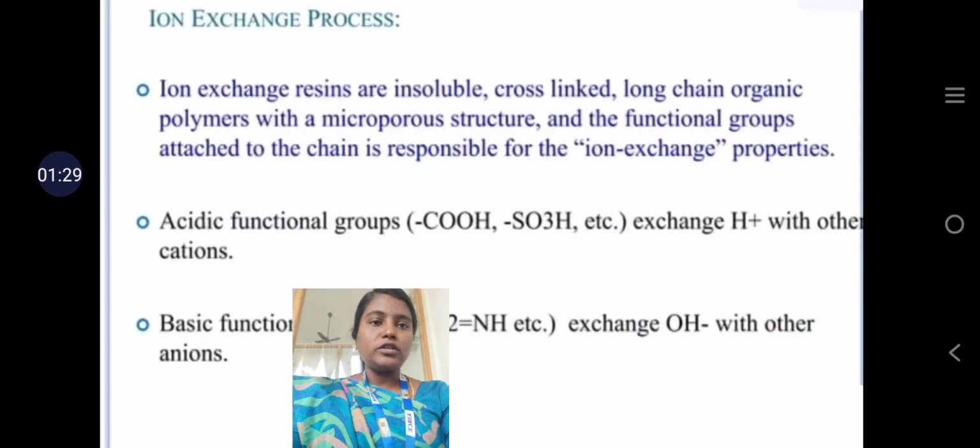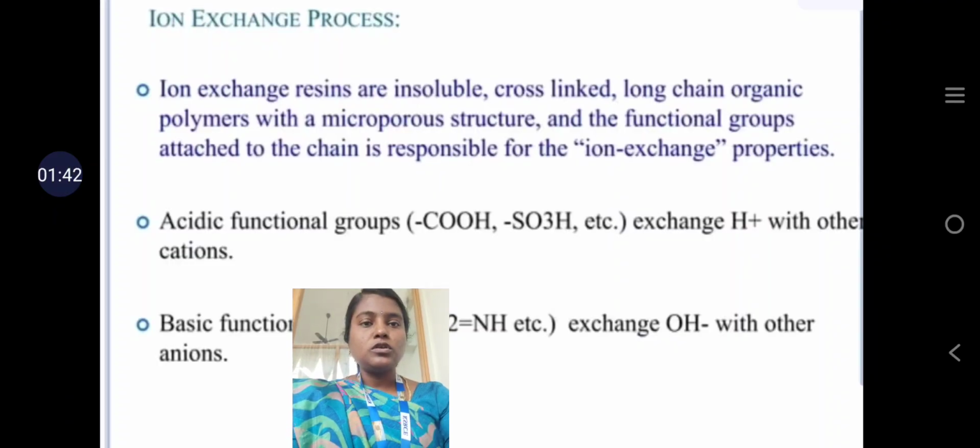In this ion exchange process, we are using two ion exchanging resins. These are the main components present in the ion exchanger. They are the cationic exchanger and the anionic exchanger.